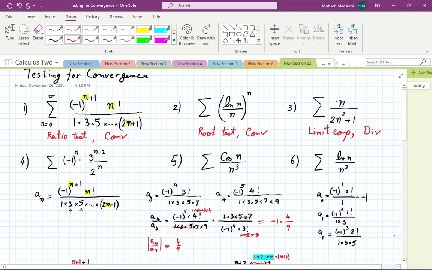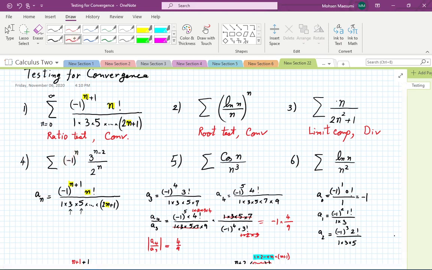Is it alternating? Well, yeah, it is alternating. That does not mean automatically that it's going to converge. We look at this section, you see that this is 3 over 2. This is growing by a factor of 3/2 or 1.5. The terms are magnifying as you go down the line instead of going towards 0. So by the nth term test, this thing would not converge anyway, and that alternating doesn't help anything.